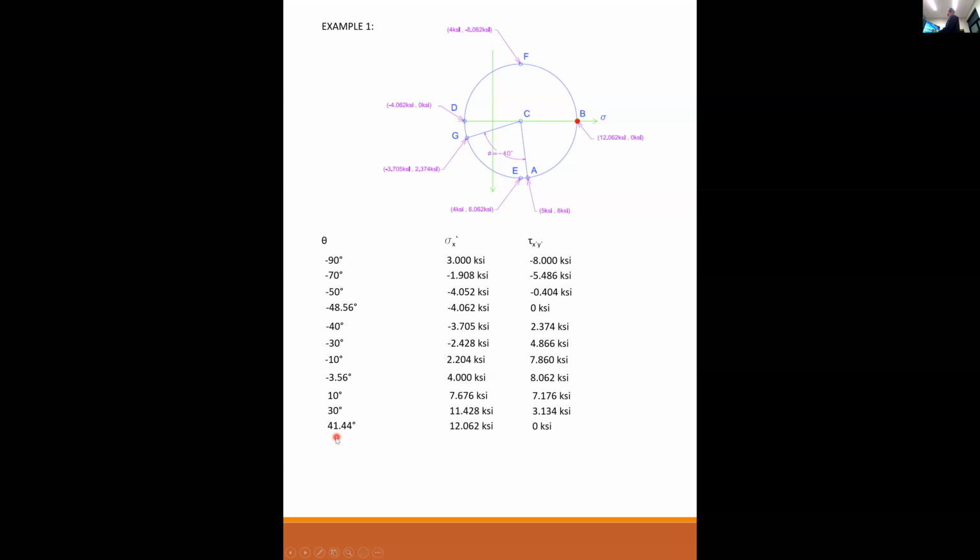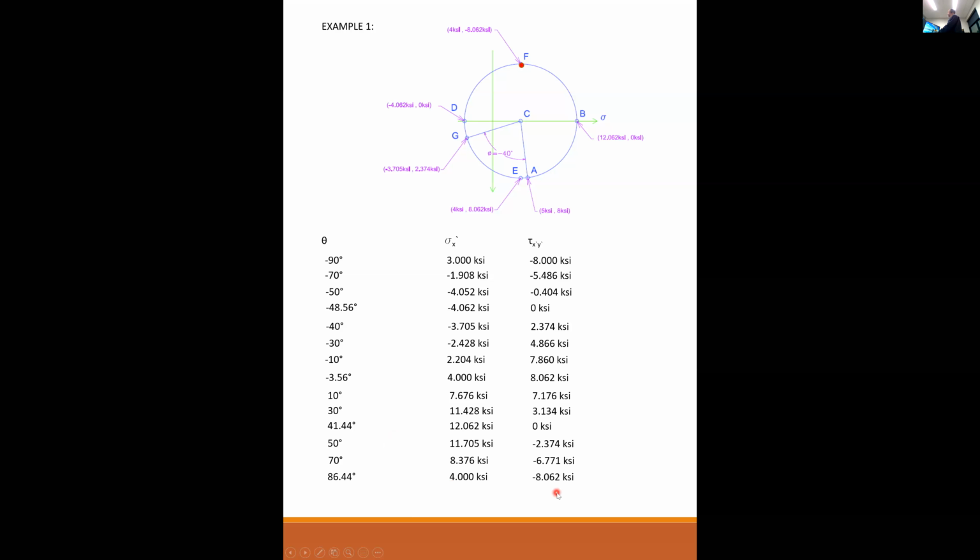I get to point B at 41.44, my maximum sigma, my 0 shearing stress. 50 degrees, 70 degrees. So now my sigma x is getting smaller, but my tau is getting more and more negative as it's going towards its minimum value.